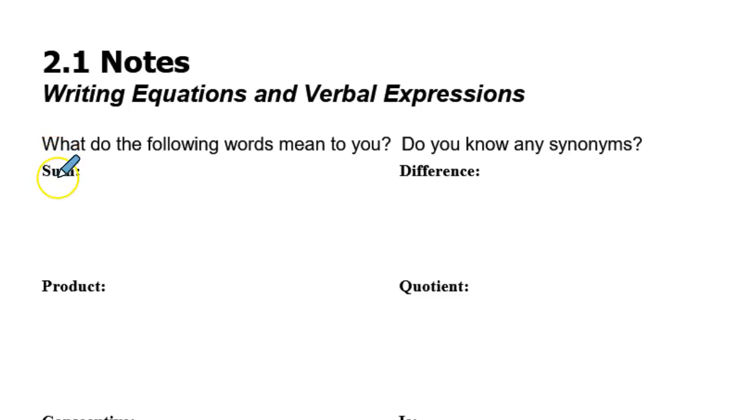So sum, this one right here, always means we're doing an addition problem.